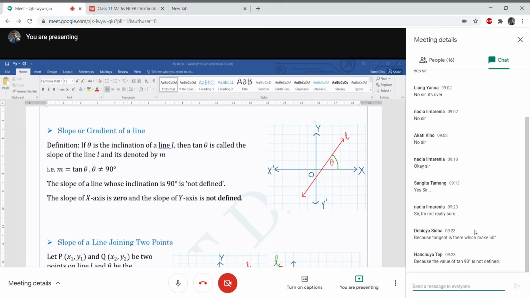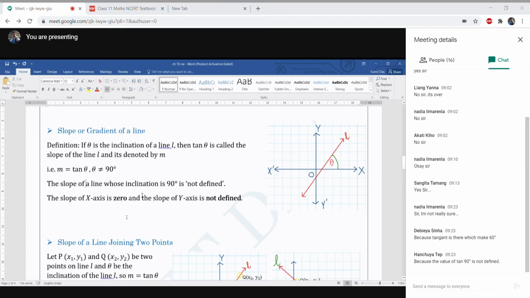Because tan 90 is not defined. So theta is not equal to 90 degrees. So the slope of a line whose inclination is 90 is not defined. Suppose this L is perpendicular to the x-axis. In that case the inclination is 90, and the slope is not defined, because slope is tan theta.